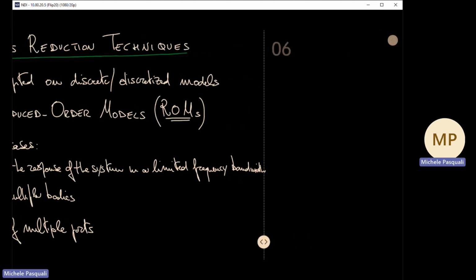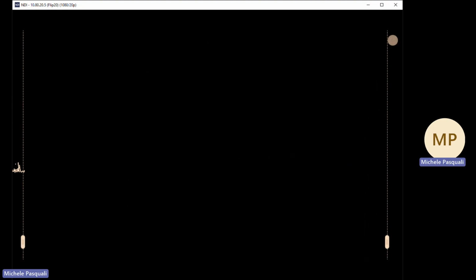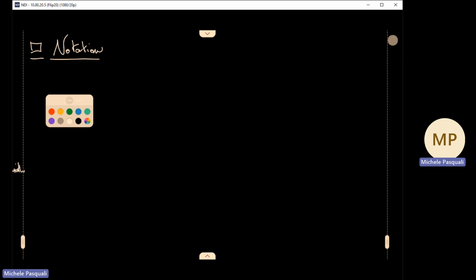Let's start off with the notation, okay? So that we are clear on what we are actually dealing with. So, notation. We will adopt a simplifying hypothesis. We get rid of rigid motion. So we will consider a system in which there is no rigid motion.